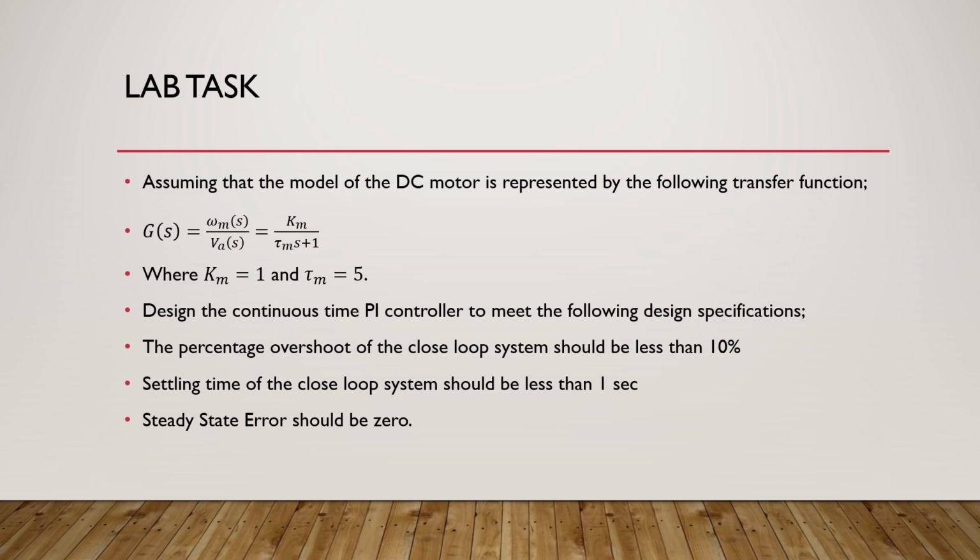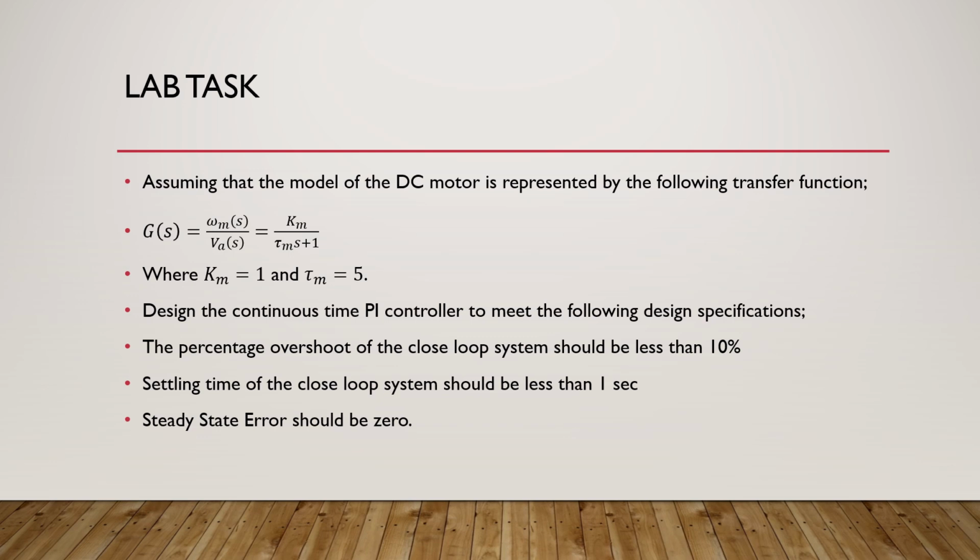Here is the lab task, in which we assume that the model of the DC motor is represented by the following transfer function: G(s) equals omega m(s) over Va(s) equals Km over (tau m s plus 1), where Km equals 1 and tau m equals 5.